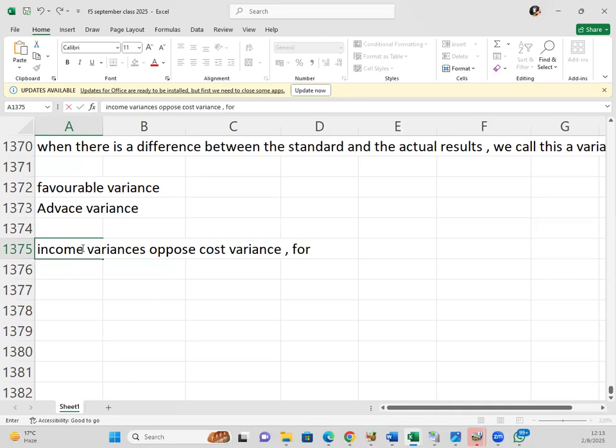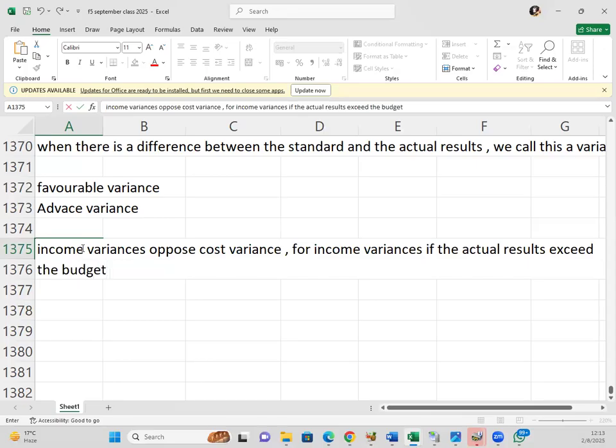For income variances, more is better. If the actual results exceed the budget, it is favorable.